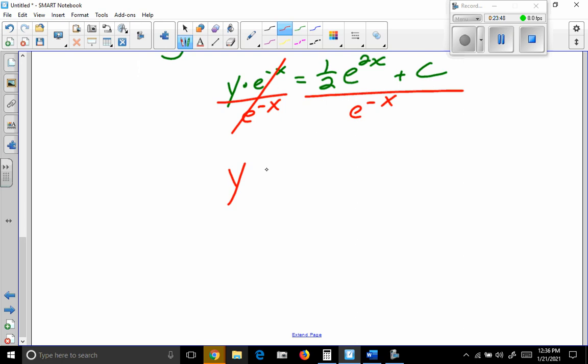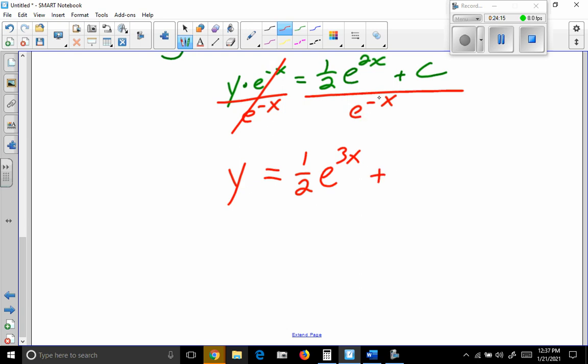So those would cancel, and we would get y equals, we can divide each term by e to the negative x. If we divide the first term by e to the negative x, we have a 1/2 out front. And remember, when we divide and our bases are the same, we subtract the exponents. So 2x minus a negative 1x, that'll make that e to the 3x.